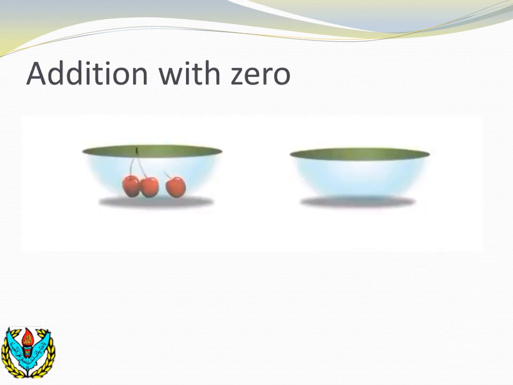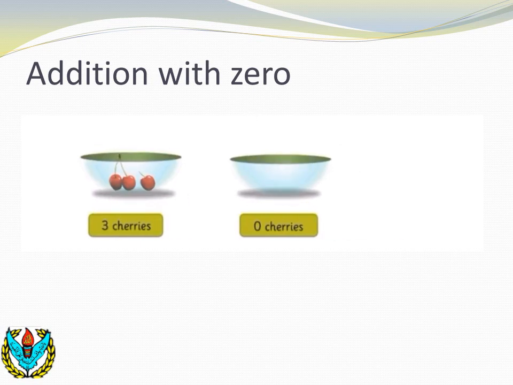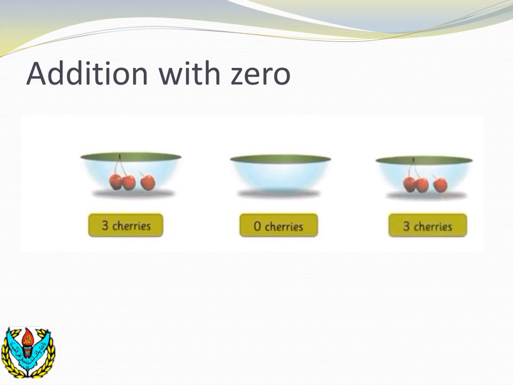Addition with 0. Let's see what happens when 0 is added to any number. There are 3 cherries in the first bowl and no cherries in the second bowl. How many cherries are there in both bowls? Yes, you are right.